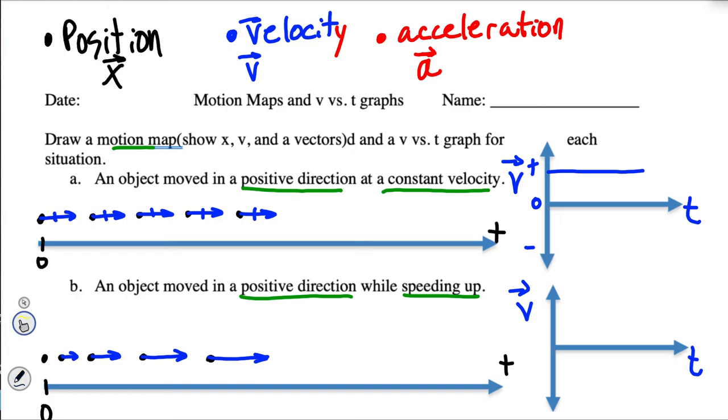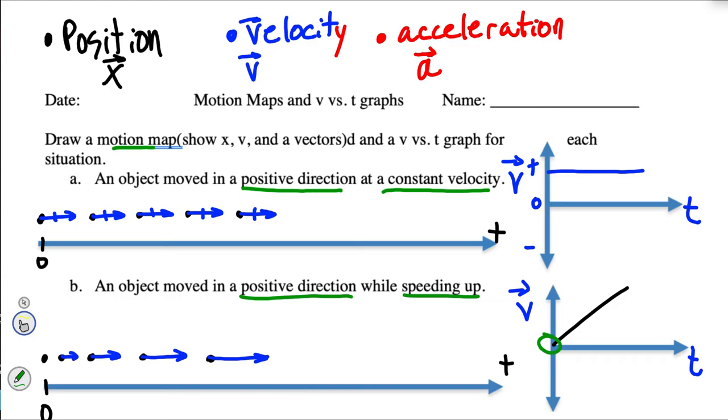So we could draw it more than one way. But if we were to assume that the initial velocity is 0 and we had a positive increase in velocity, then the very first dot would have no velocity if we assume that the velocity is 0 at time 0. What about the acceleration?